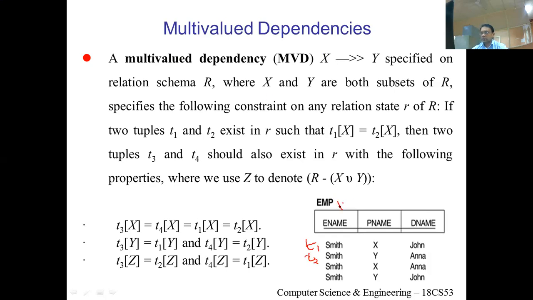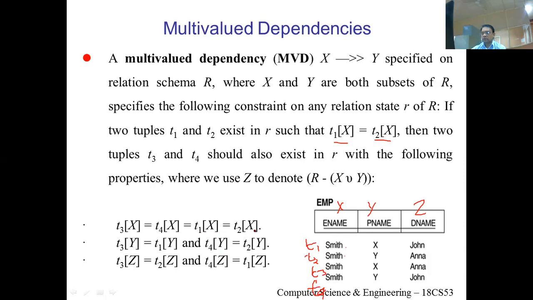So this is the X attribute, this is the Y attribute, and this is the Z attribute. So we have T1 of X equal to T2 of X, Smith equal to Smith. Then we have two tuples T3 and T4 existing in R in such a way that T3 of X is equal to T4 of X. This is T3, and the last tuple is T4.